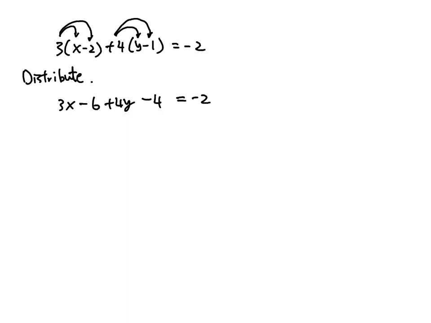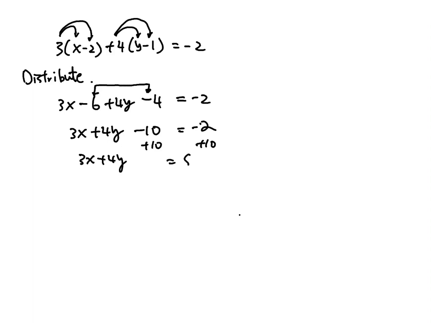So combine like terms, I get 3x plus 4y minus 6 minus 4 is minus 10, equals negative 2. So 3x plus 4y equals, if you add 10 to both sides, 8.